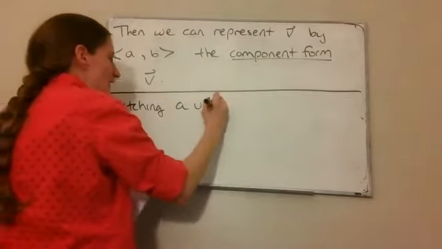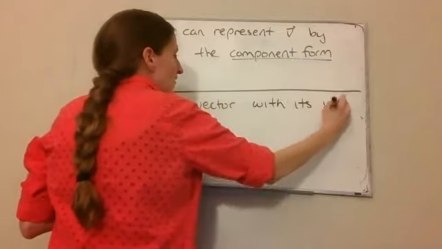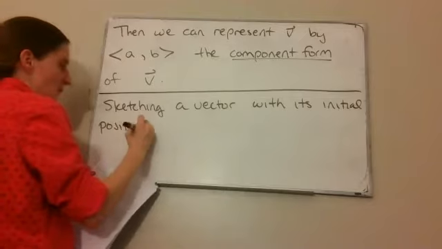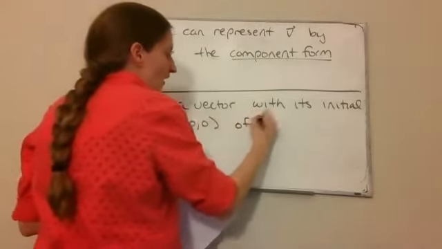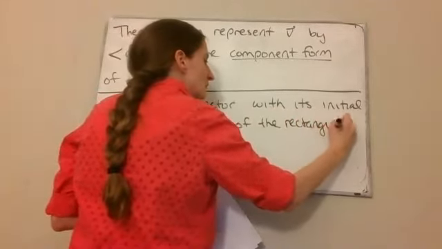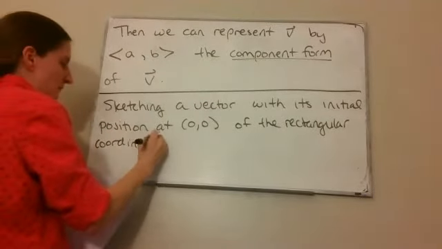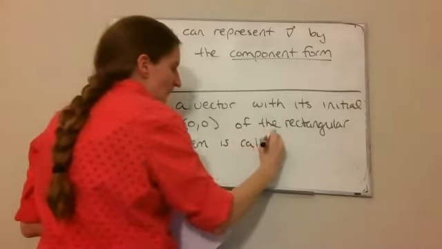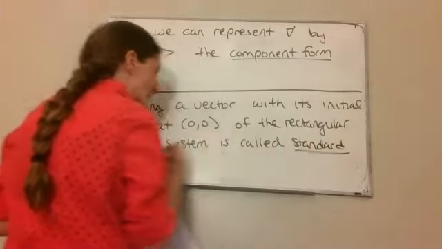So sketching a vector with its initial position at 0, 0 of the rectangular coordinate system is called standard position.